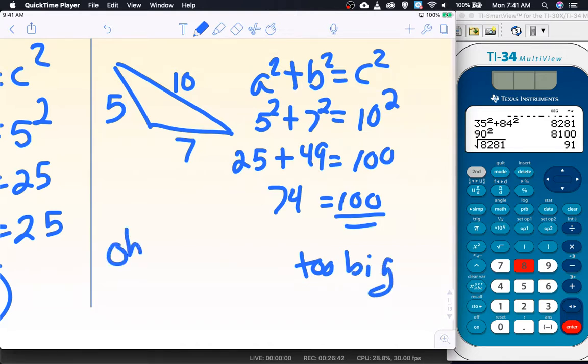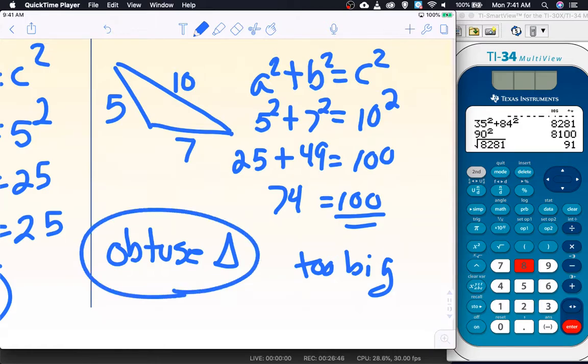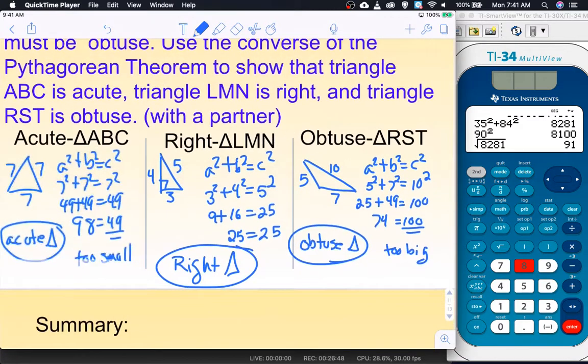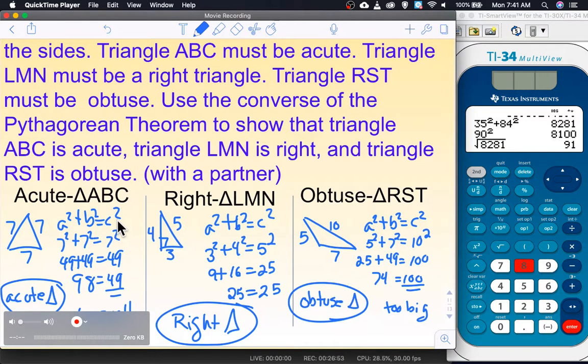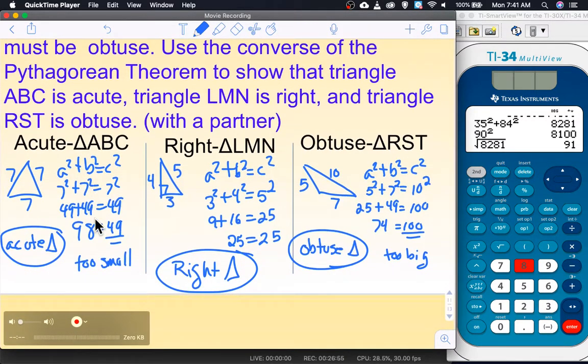So this is an obtuse triangle. Okay, so I made one of each and I did the work to prove it. The hypotenuse was too small, it was acute. The hypotenuse was just right, it's a right triangle. The hypotenuse was too big, it was an obtuse triangle.